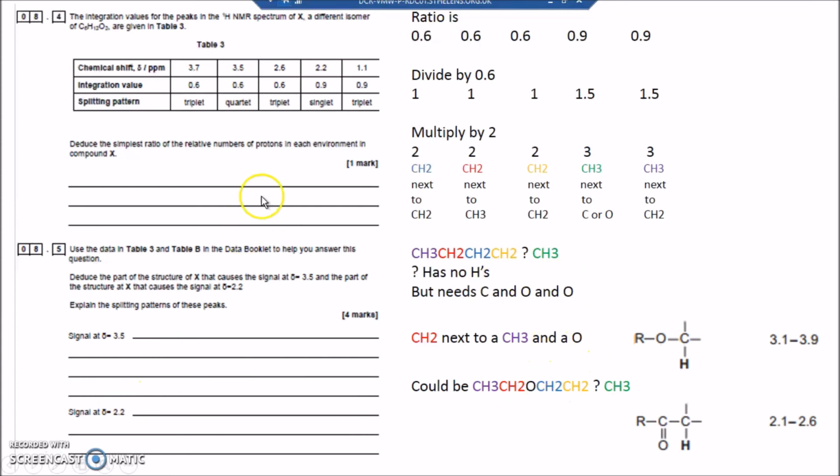Okay, 2.2. 2.2 is this one here, a shift of 2.2. That's my green one, my CH3. My CH3 gives a shift of 2.2. If I look up 2.1 to 2.6, 2.2 fits in this. So R can be anything.